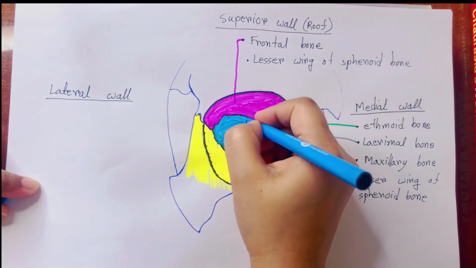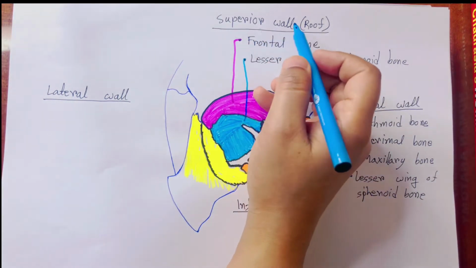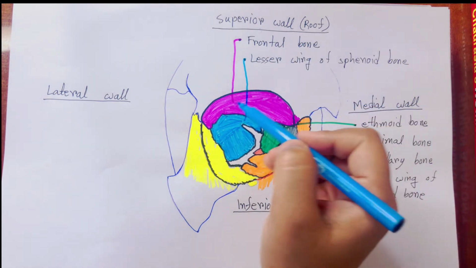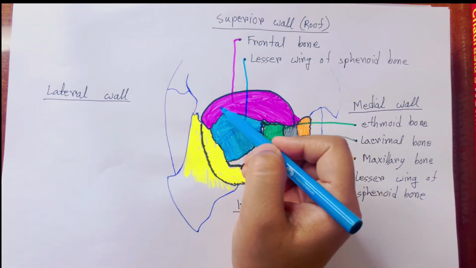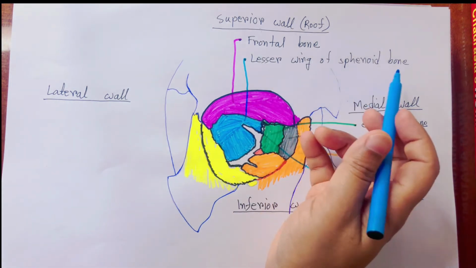So this is lesser wing of sphenoid bone. So superior wall is made up by frontal bone and sphenoid bone: orbital part of the frontal bone and lesser wing of the sphenoid bone.